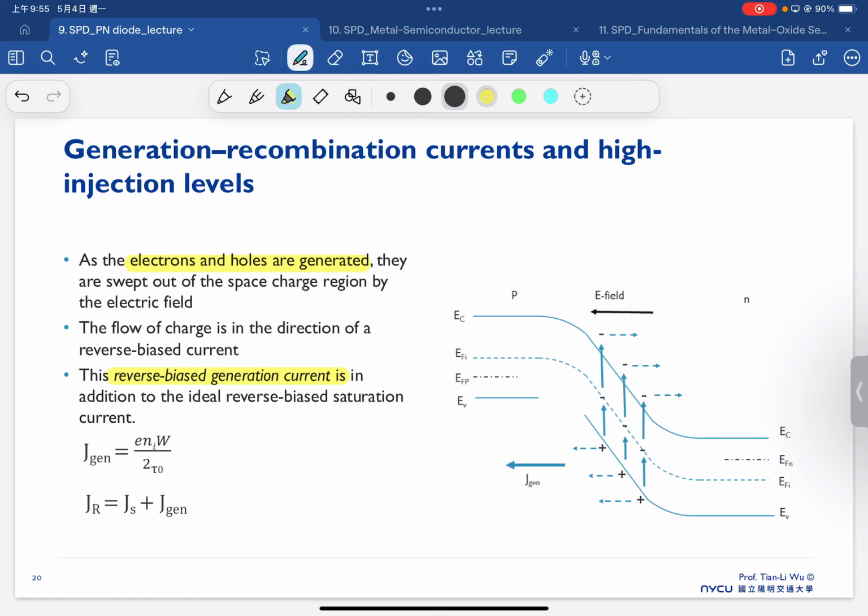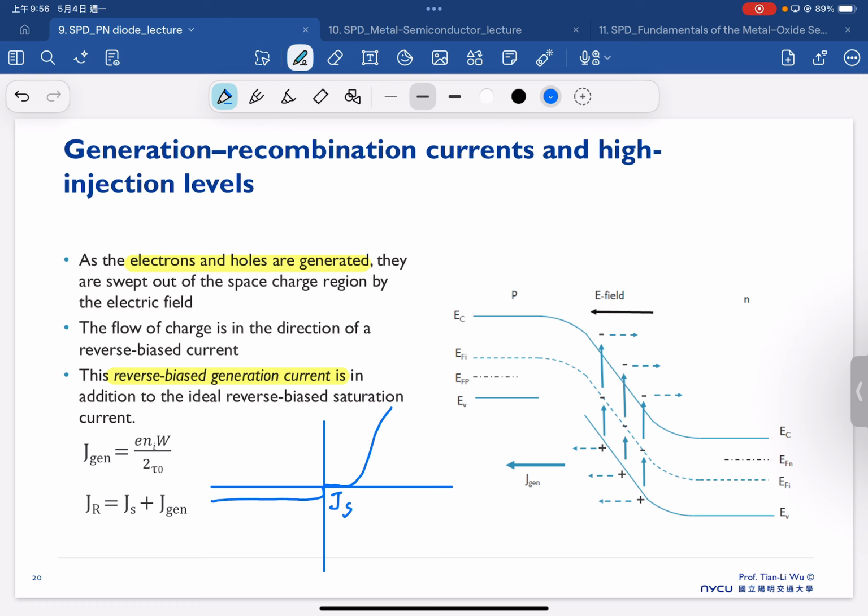In the previous IV characteristic, we have shown the forward current will be like this way, but for reverse we have the one constant Js.